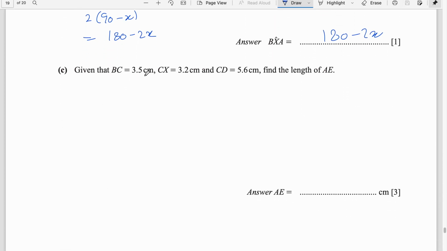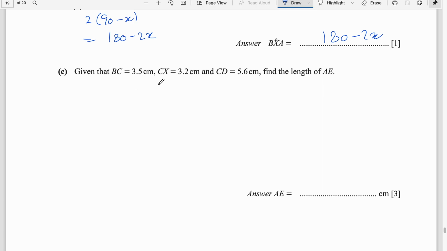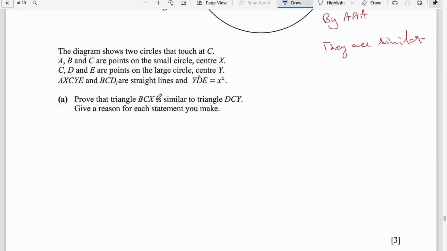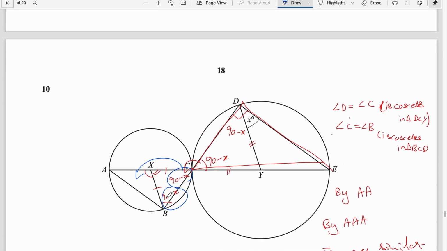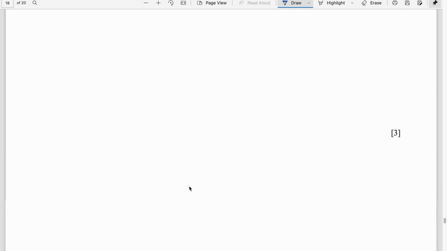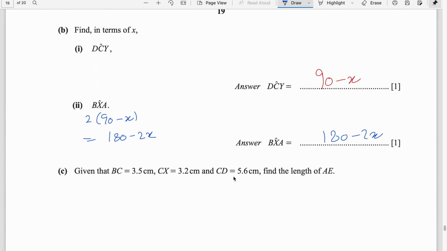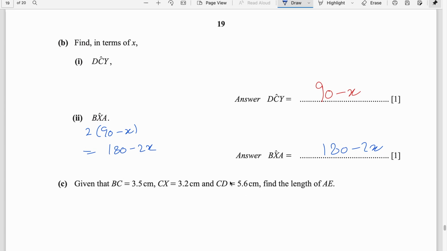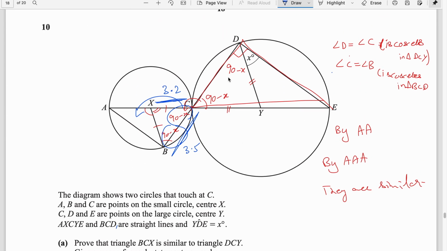Given that BC is 3.5, CX is 3.2, and CD is 5.6.